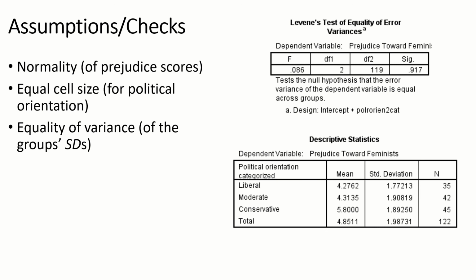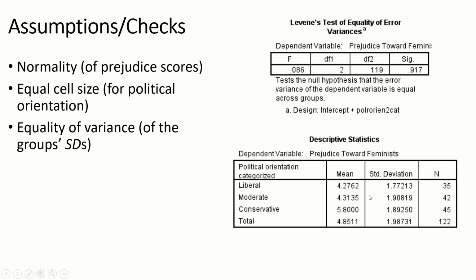P-values that are less than or equal to 0.05 are significant. In this case, Levene's test is non-significant. That's great. That means the standard deviations are similar enough, and we can go on to the meat of the analysis, the main part of the analysis.